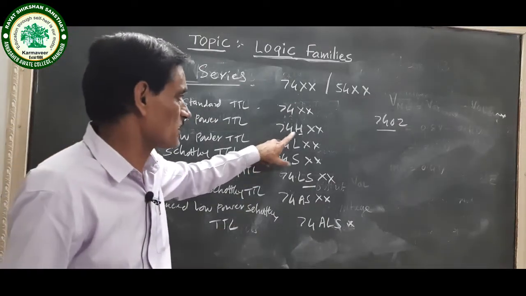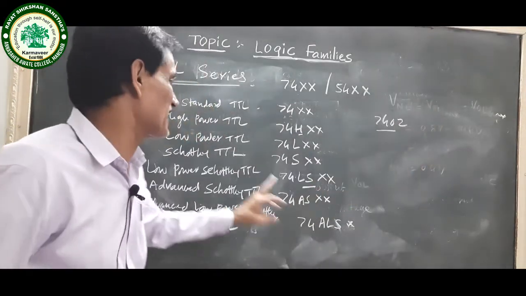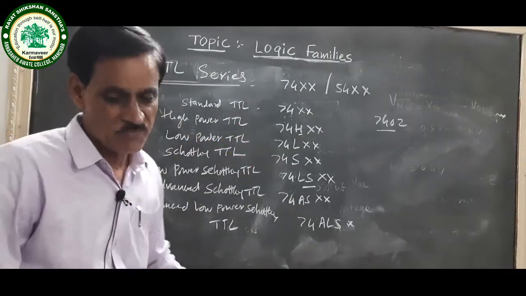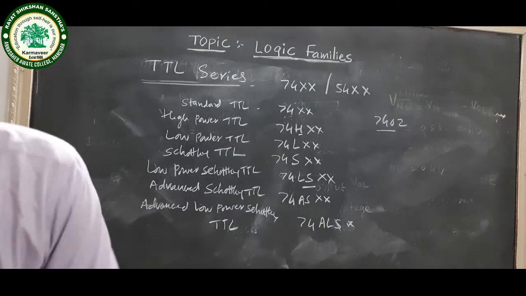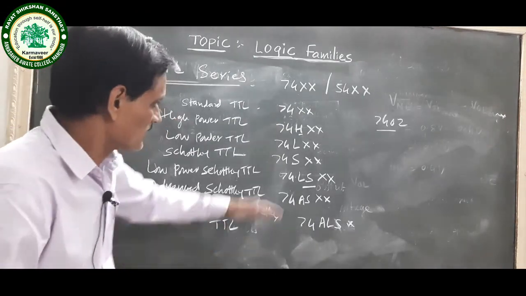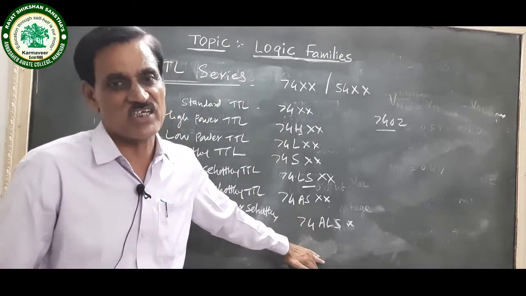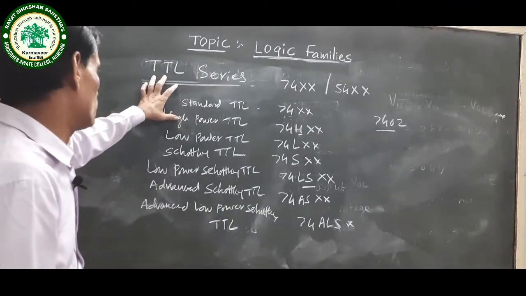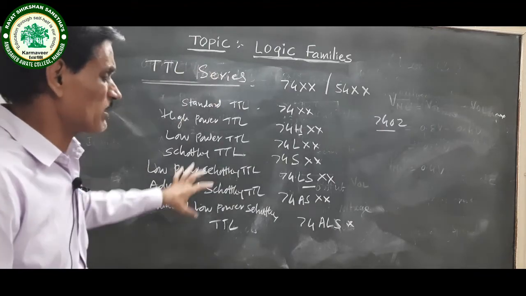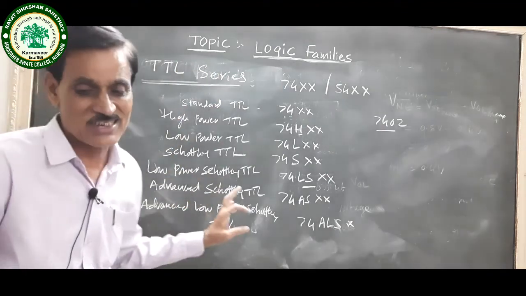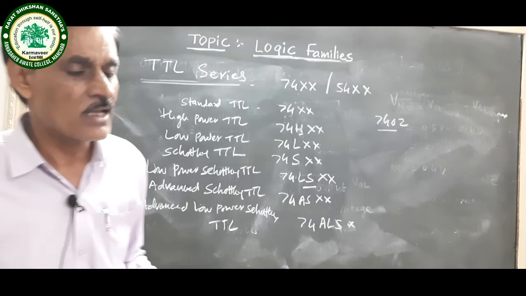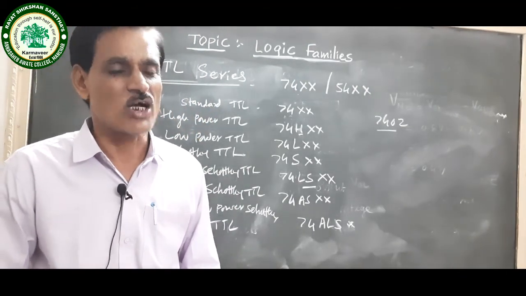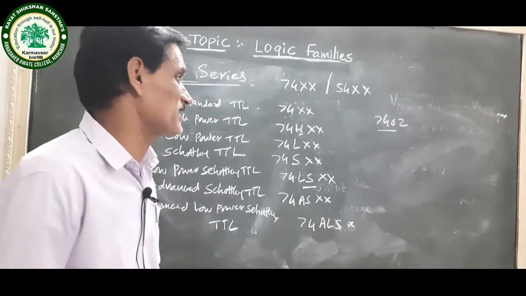Instead of that, 74H02 indicates that it is a high power TTL. In this way, whenever you are using TTL ICs in practice, these letters have some significance. From the knowledge point of view, you have to remember the different types of TTL series. I think this information is sufficient, not complete, but at this level it is sufficient.